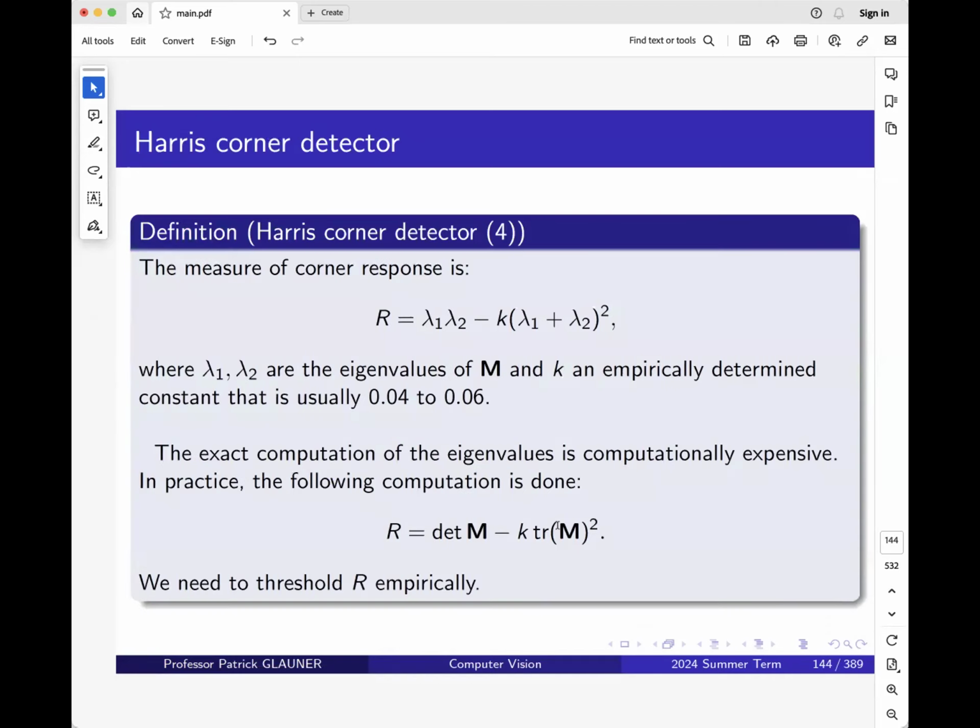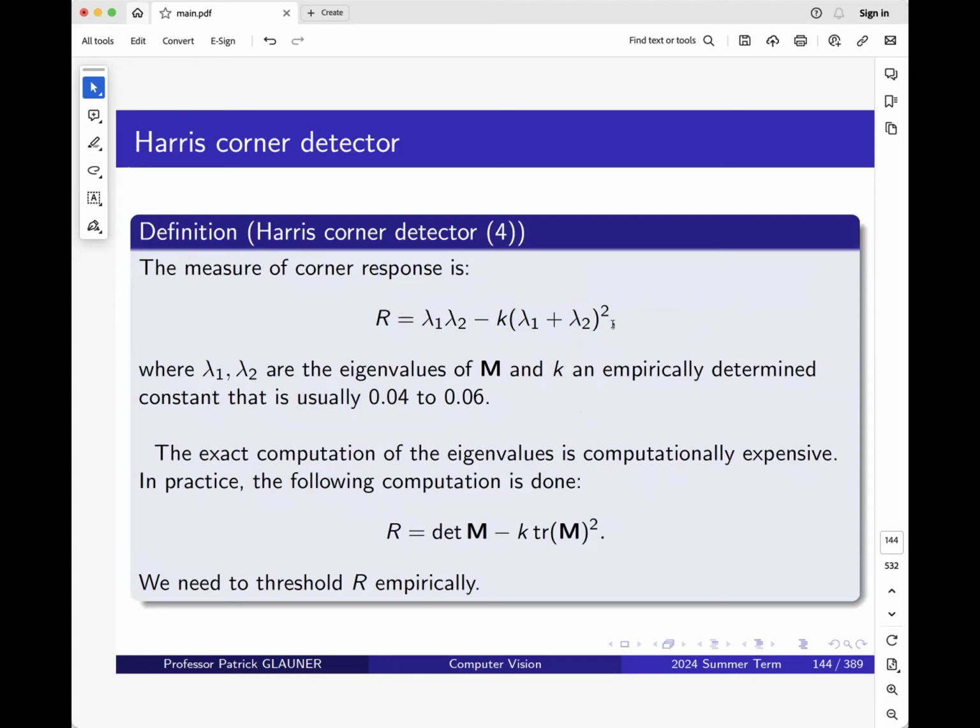And we can then calculate a so-called measure of corner response. And this measure R is the product of the 2 eigenvalues of the matrix minus K, or sometimes this is a kappa, times a sum of the 2 eigenvalues, and the sum is squared.